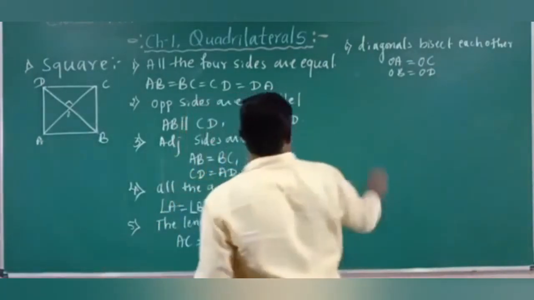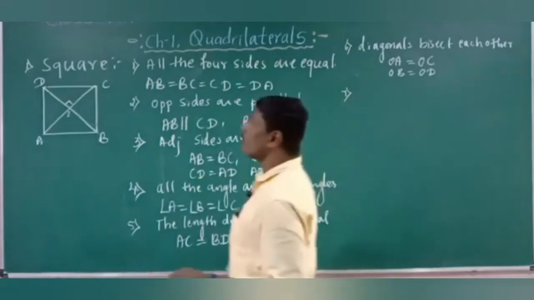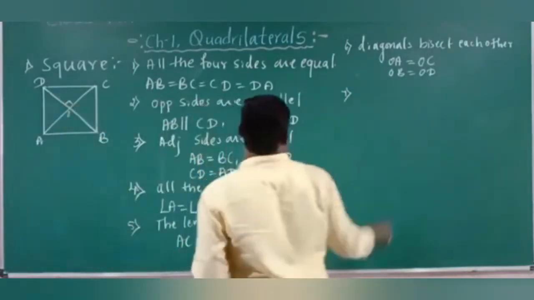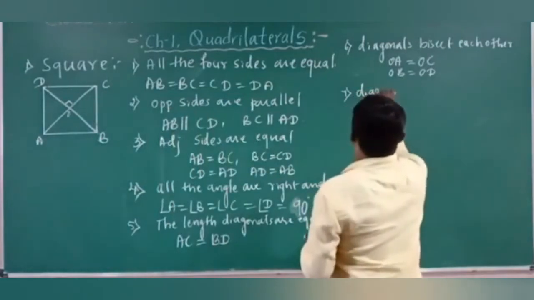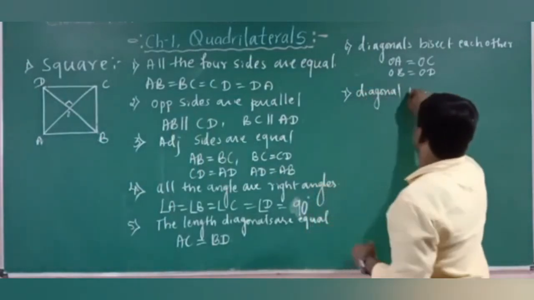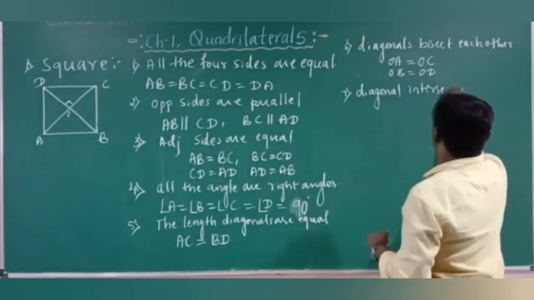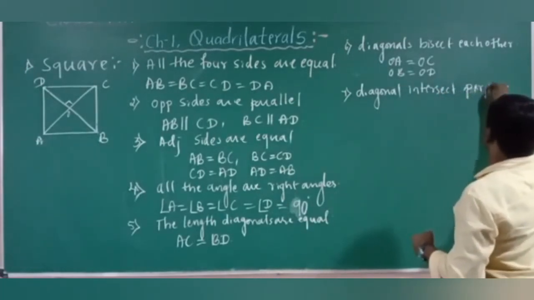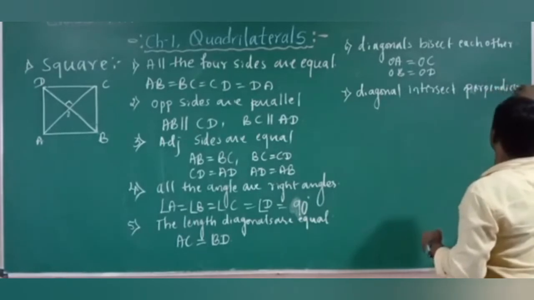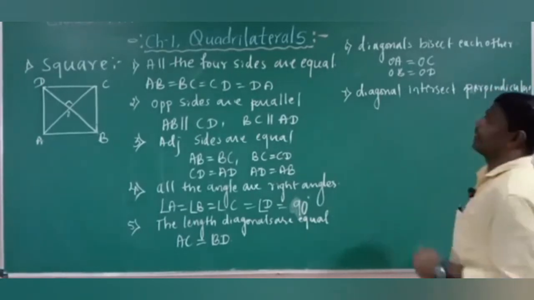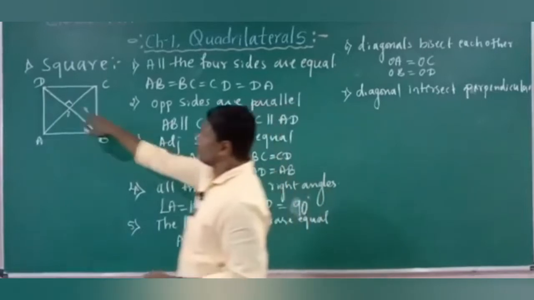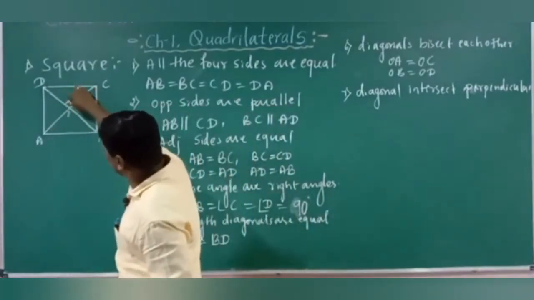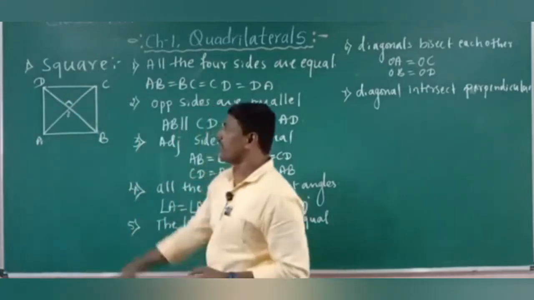Next one, seventh, the diagonals intersect perpendicularly. Perpendicular means when two diagonals meet at one point, at the point of intersection it forms 90-degree angle.